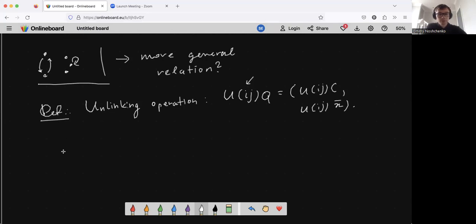In this example, we have uij, maybe I can write u12, acting on the quiver, which is this one, with nodes 1 and 2.